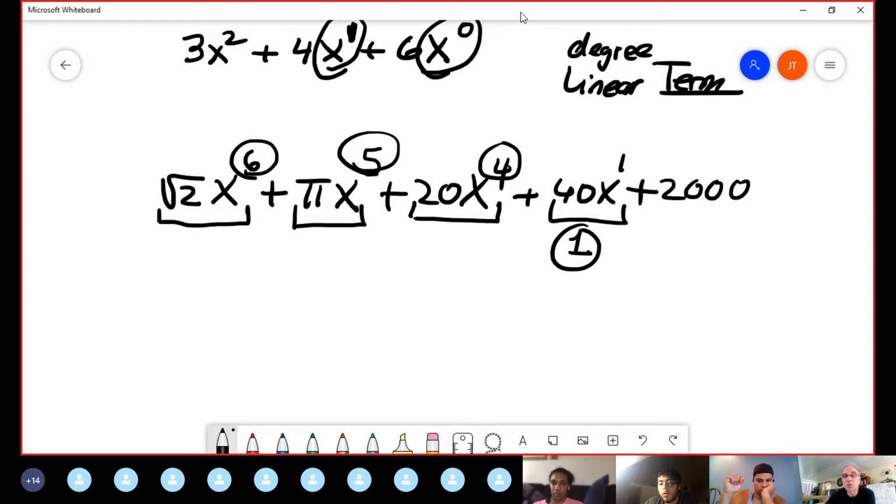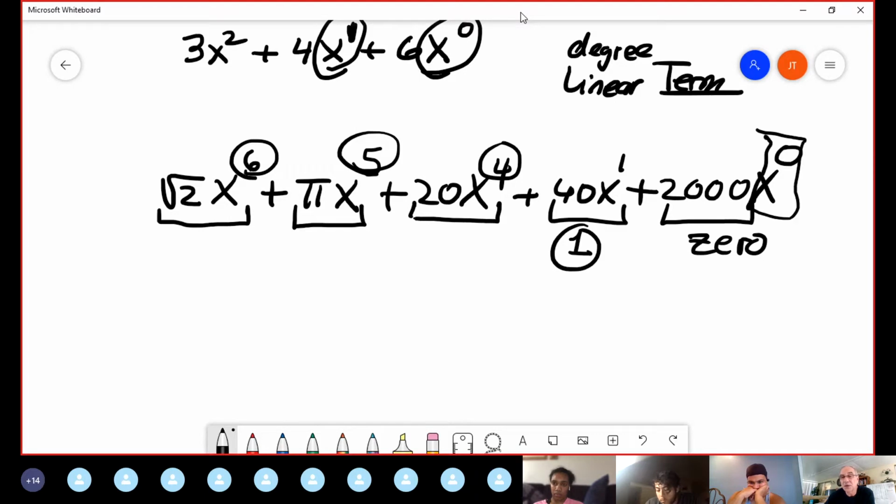And what is the degree of this 2000? 0, because x is missing, so I suppose it's x to the 0, because any number or expression raised to the 0 power is equal to 1. Now, it's clear? Degree is clear? Okay, super.